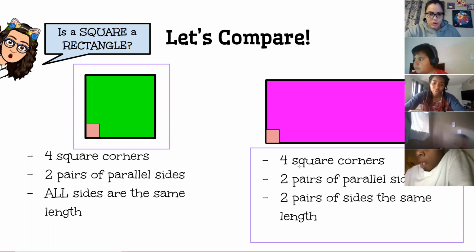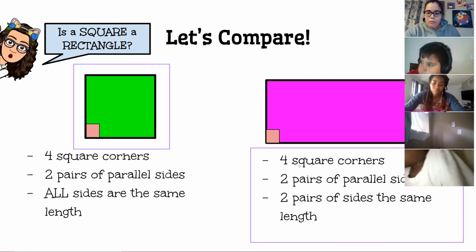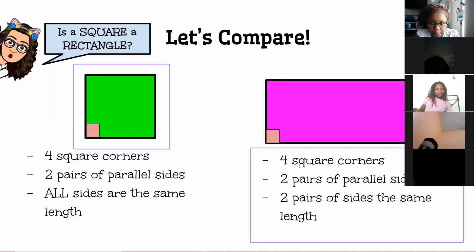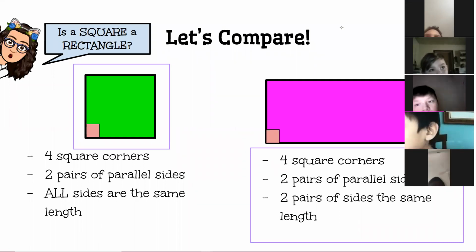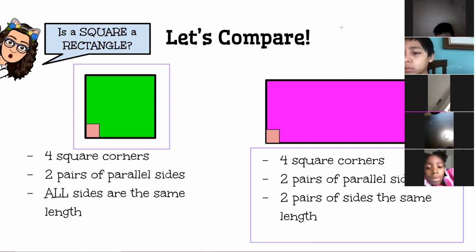They both have 4 square corners. So you are correct. That's not quite the attribute I was wanting to focus on, but just because it has all square corners doesn't always mean that it's a rectangle, but you are correct with saying that. Who else said yes? Who should we pick?